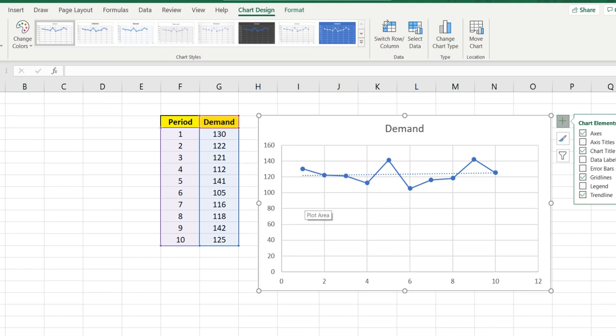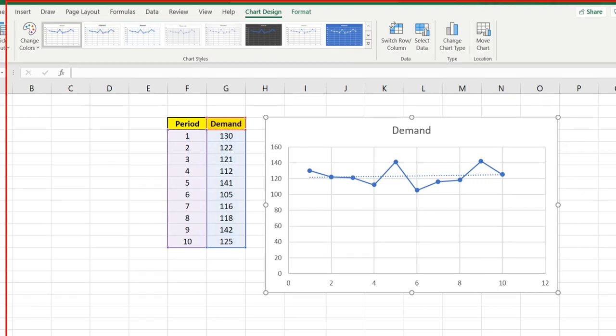And then let's see what else we have here. So that's all. That was just the chart. Now let's actually take a look at Megastat.